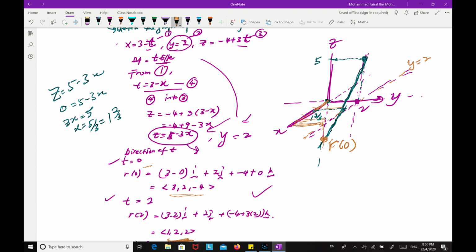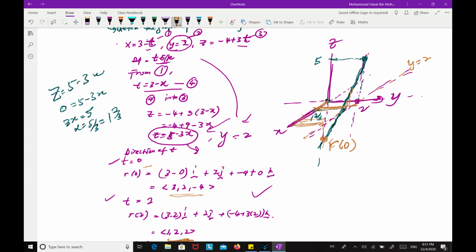1, 2, 2 until here. How to see? 1, 2, 2.